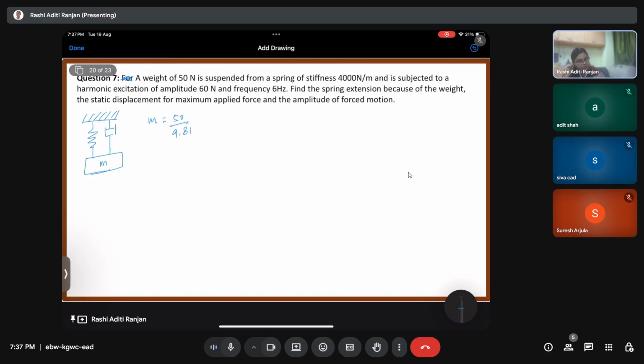So its mass can be found out by dividing it with the gravitational acceleration. We have K as 4000 Newton per meter and C as, okay, we don't have a dashpot over here. That's nice. The question becomes easy then. We just have a mass.